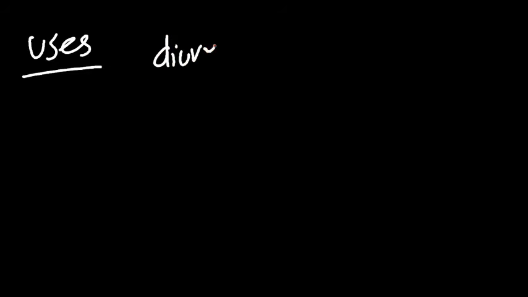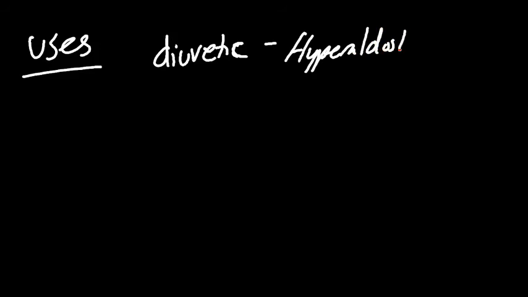There are a couple uses for these aldosterone receptor antagonists, and the primary one is going to be as a diuretic. Also, they're typically used when the patient is in a state of hyperaldosteronism. Also, you may see it as a diuretic for heart failure.